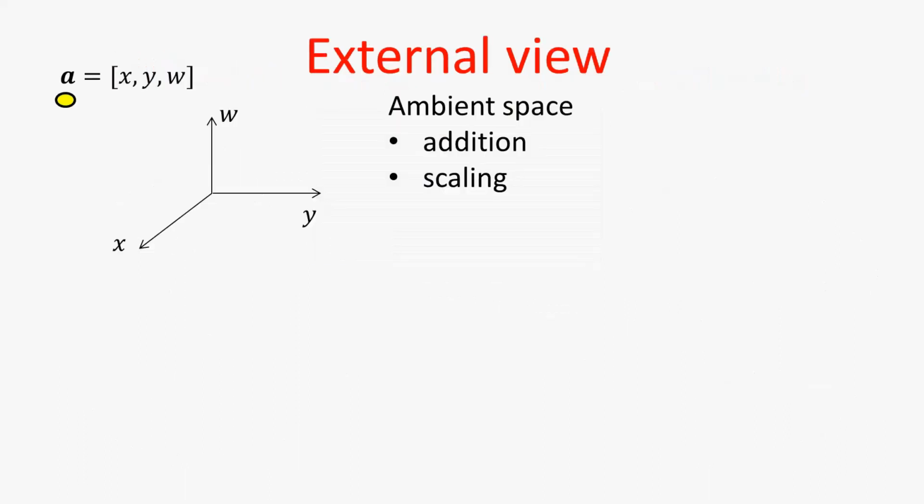The possibility of expressing geometric concepts with numbers is provided by the coordinate systems. Here, we are going to take an external view, which means that our geometry is embedded in a higher dimensional space.